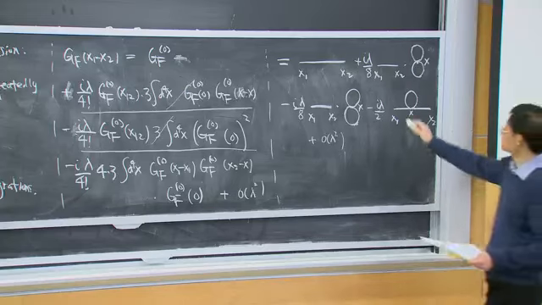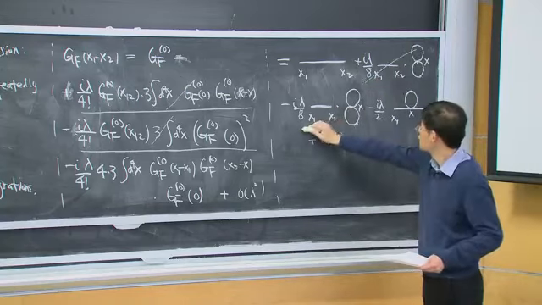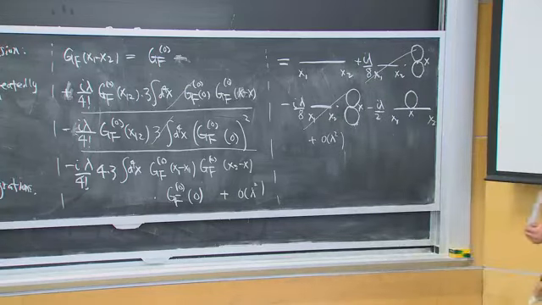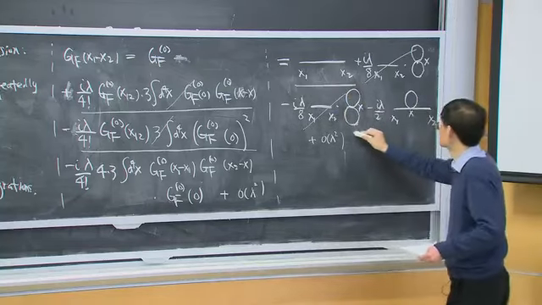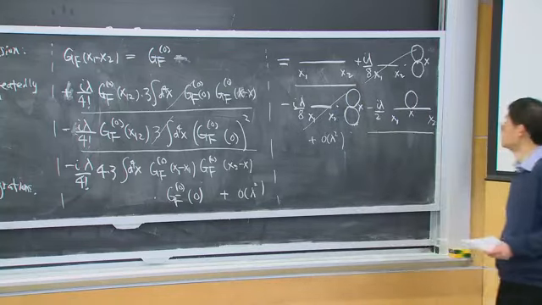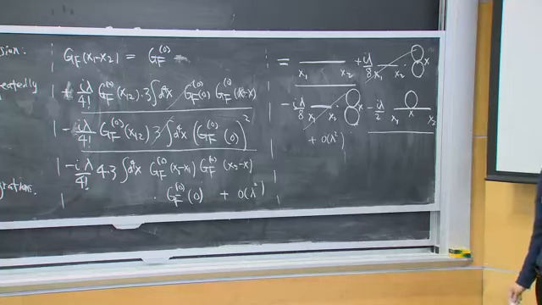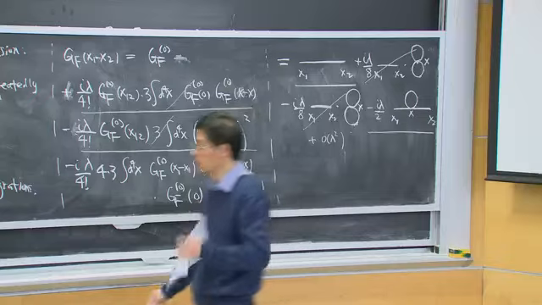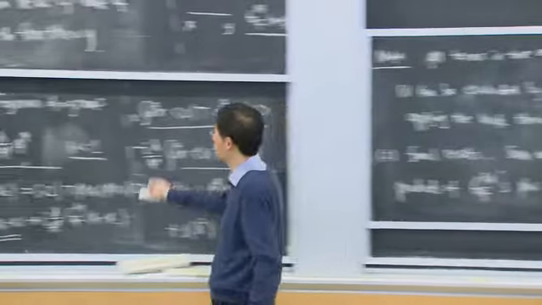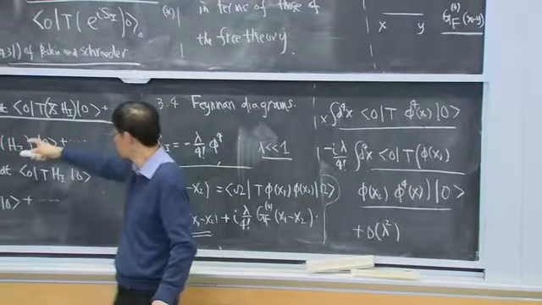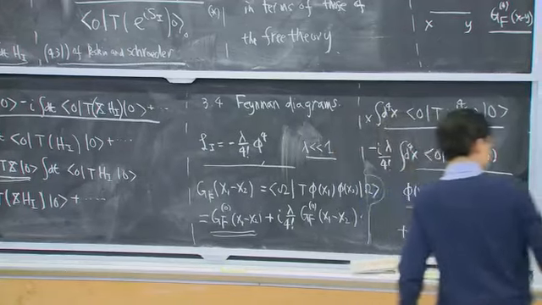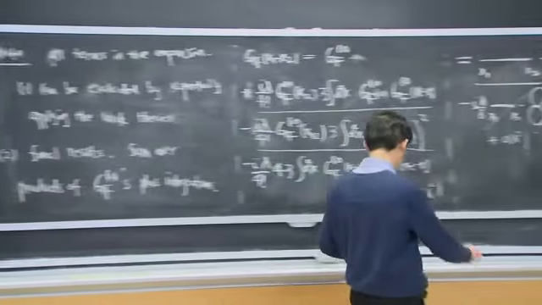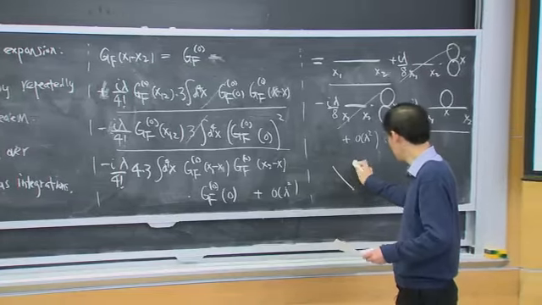So again, these 2 terms, as we already said, cancel, and then you just get these 2 terms. And we see that each factor of the interaction you bring down corresponds to an interacting vertex like this.